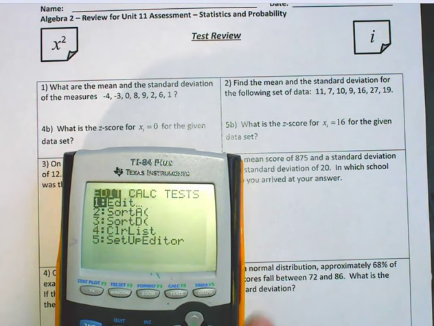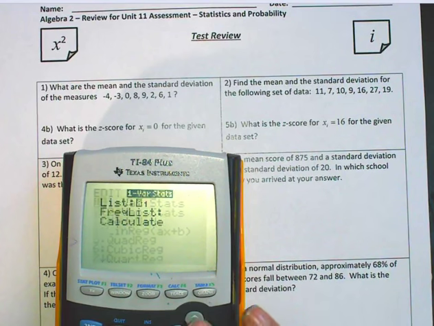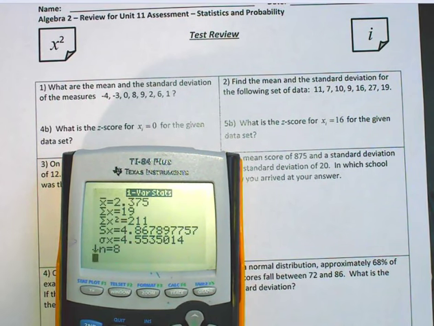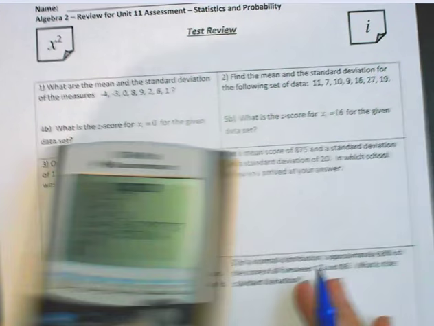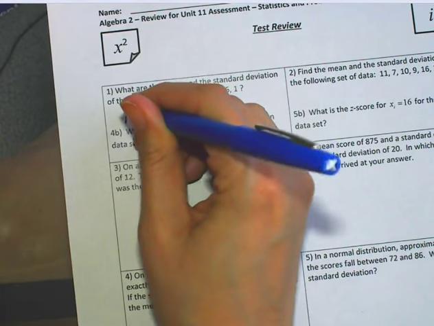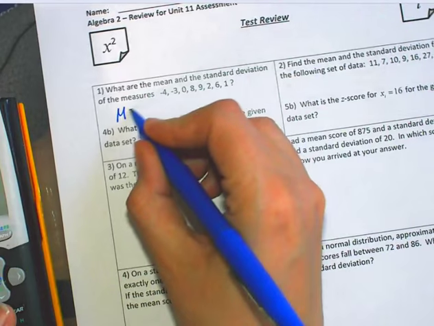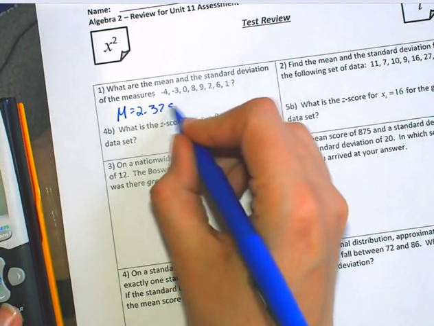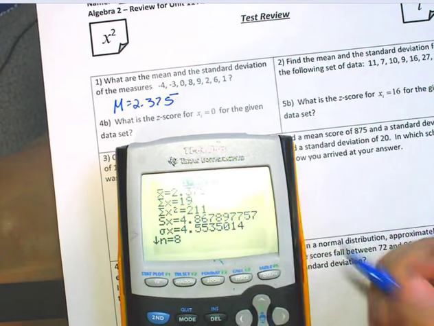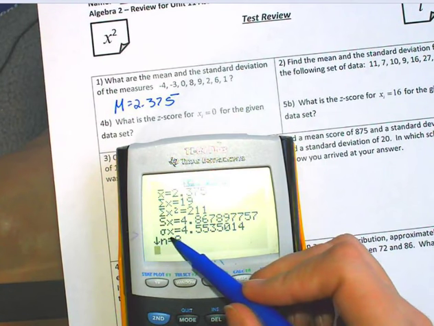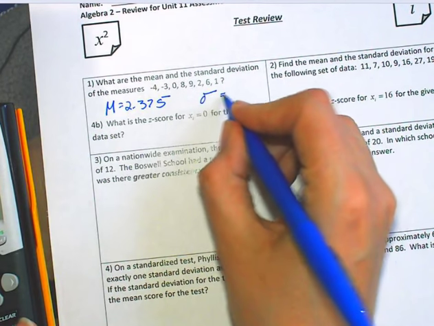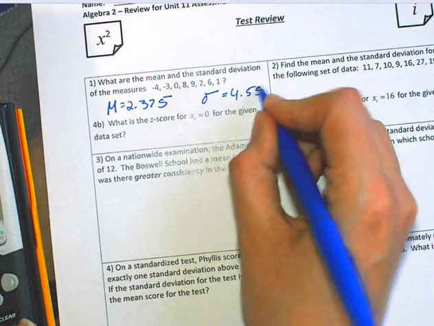So we're going to do stat calc. We're doing one variable statistics. Calculate. So the mean is the X bar here, which is 2.375. And then the standard deviation, which is right here, our standard deviation is 4.55.